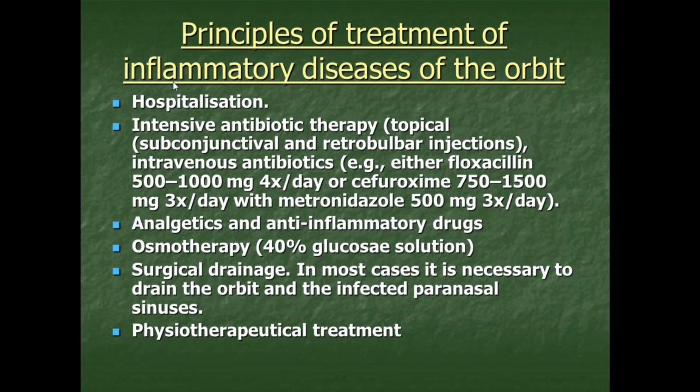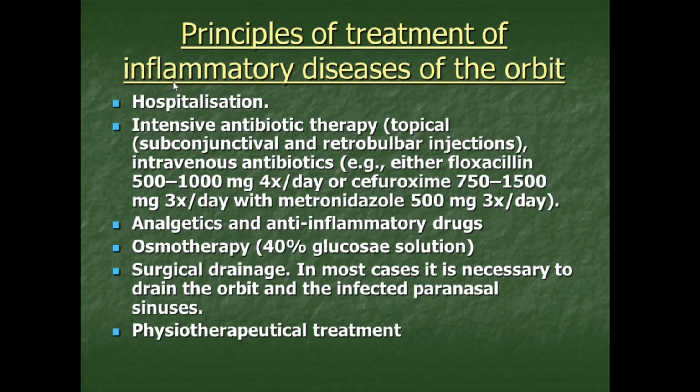And of course, we should send such a patient to an ENT doctor, to a dentist, to find the cause of this disease. And we should treat such a patient together with other specialists.